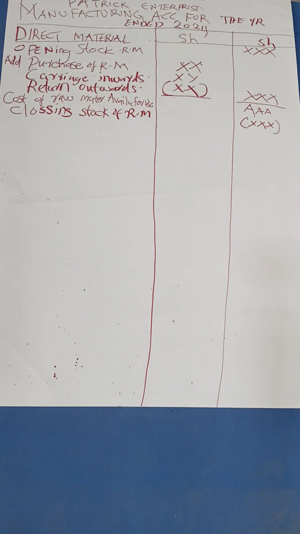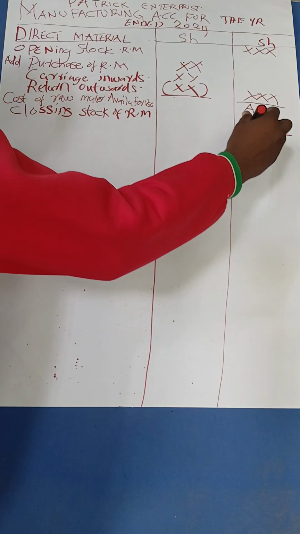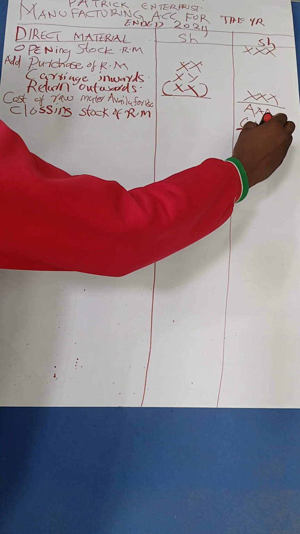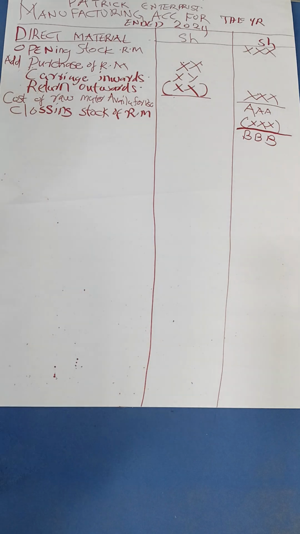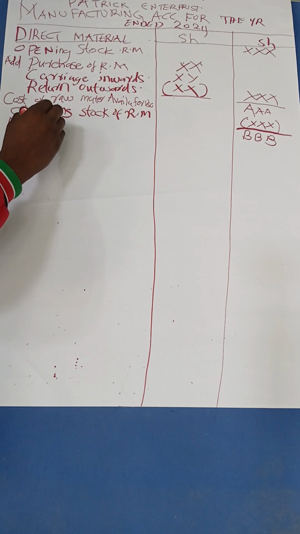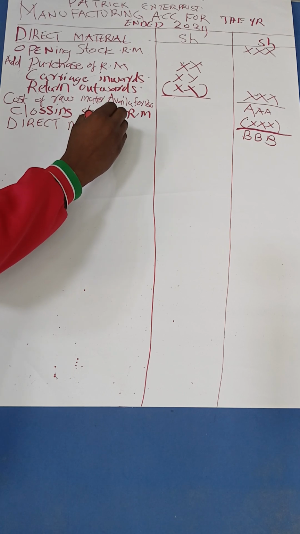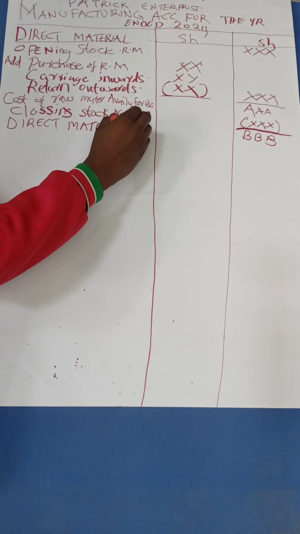Good. After we have done that, we will now get something called what? Let me call it BB now. BB, I will call it the direct material cost. Direct material cost.